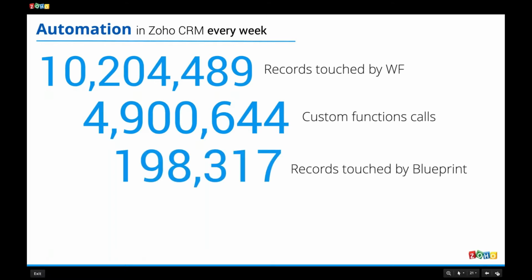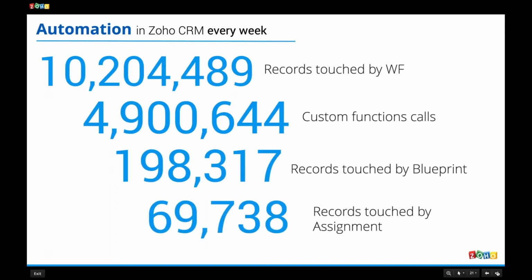Around 200,000 records are touched by Blueprint. Blueprint was introduced very recently, 6 months back, so you could see how many records are getting touched by that. And around 70,000 records are touched by the assignment rules.